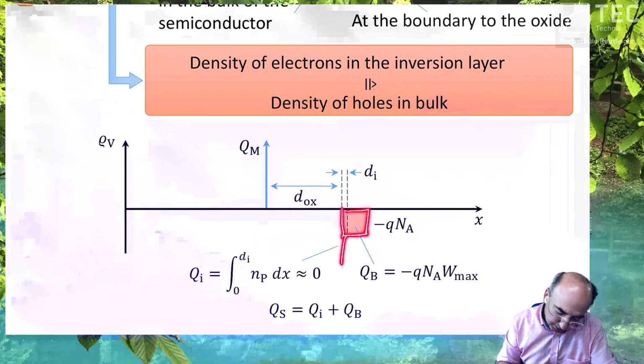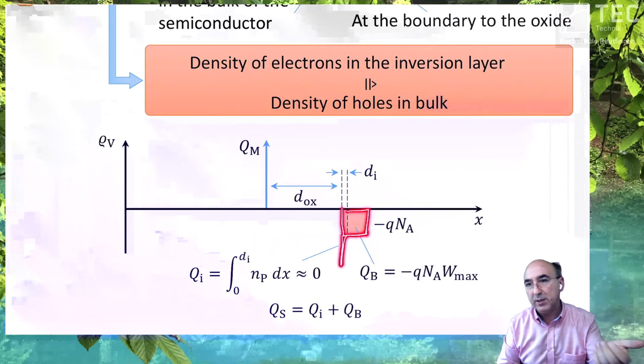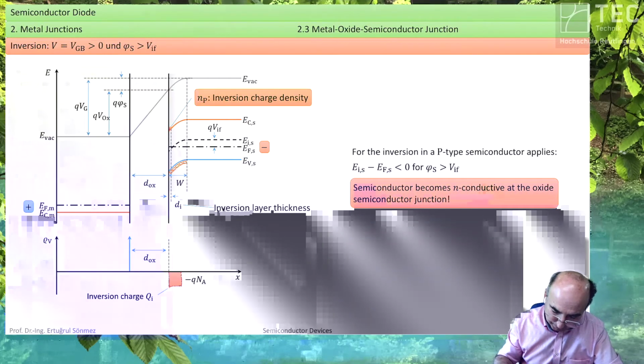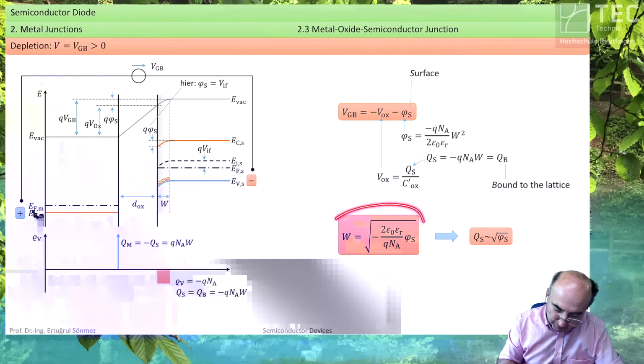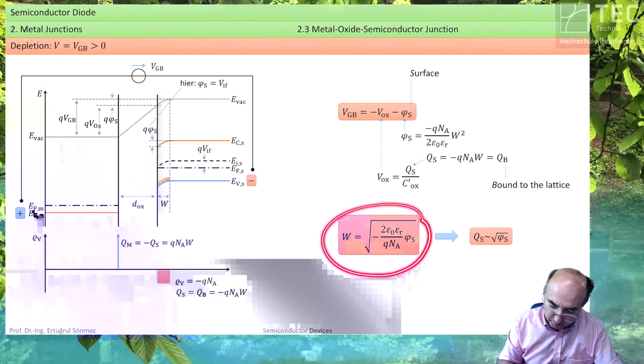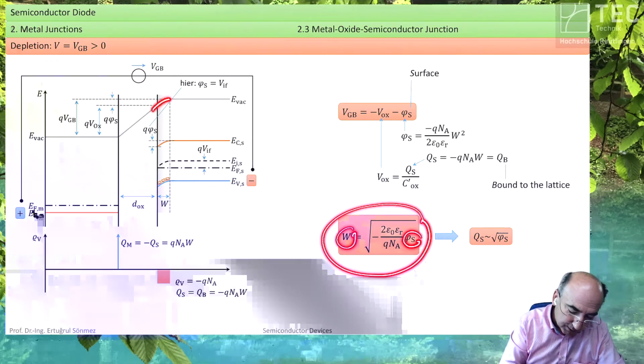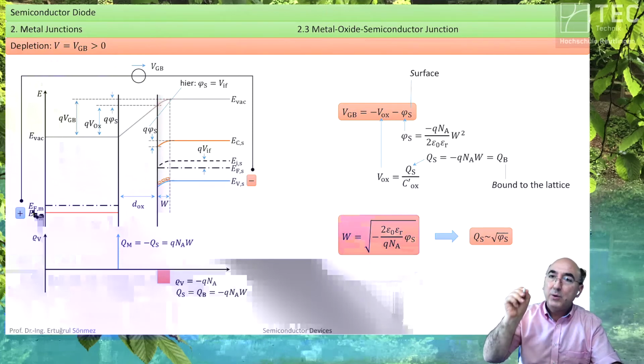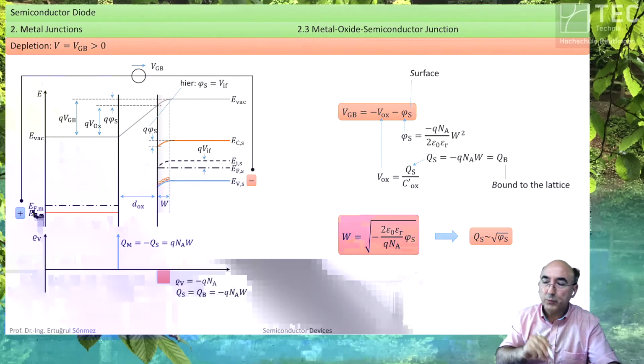Because this additional charge by inversion, we say it's negligible, and we know by this equation how wide the space charge is if this potential has a certain value. And we know now which value we have, what value it is here, bad English.